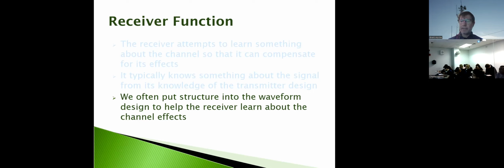So in, let's say, a 5G cellular 3GPP type of waveform, what we commonly know as LTE, the 5G version of that, for every frame of transmission that's transmitted, there are some well-known synchronization sequences at the beginning of that.